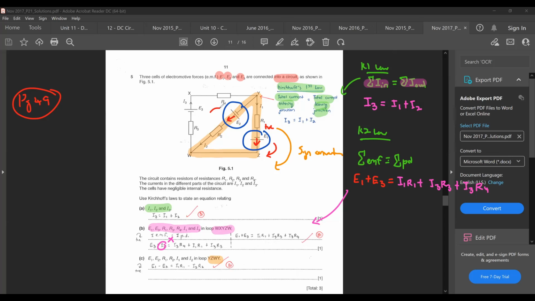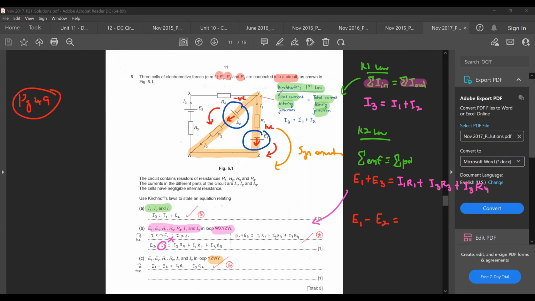But E2 is trying to push current counterclockwise, opposite to your sign convention, so this one is negative. So for the second section here, you would say E1 minus E2. Your negative here for E2 is mainly due to the fact that it's trying to push current opposite to your sign convention.